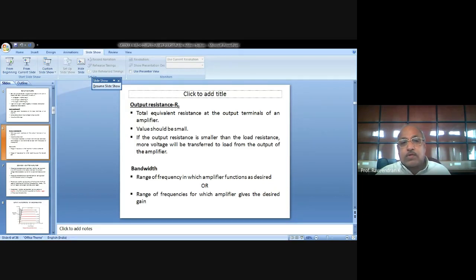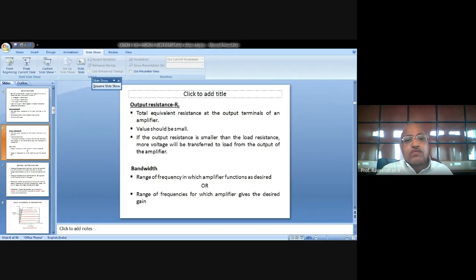So actually I2 is equal to I1 minus IB. But this IB is almost equal to zero, a very small milliampere current. So you can consider I2 to be almost equal to I1. That is what is meant here.